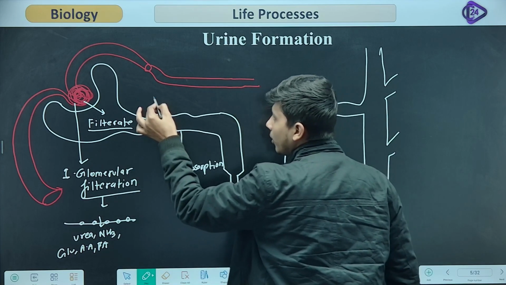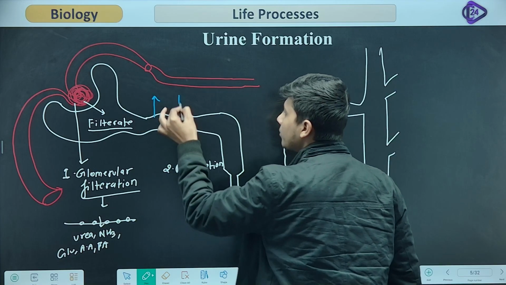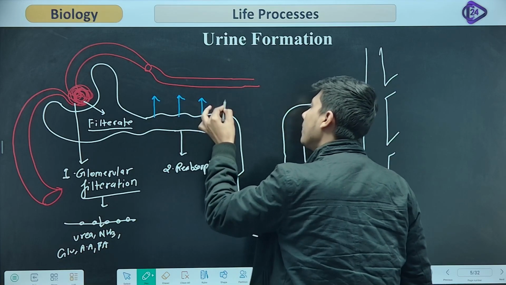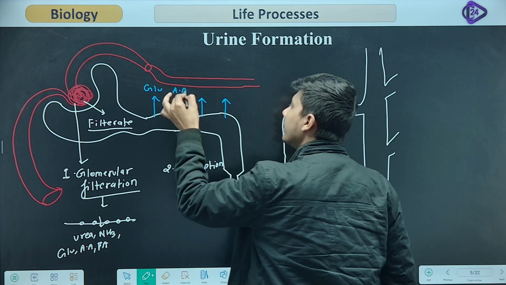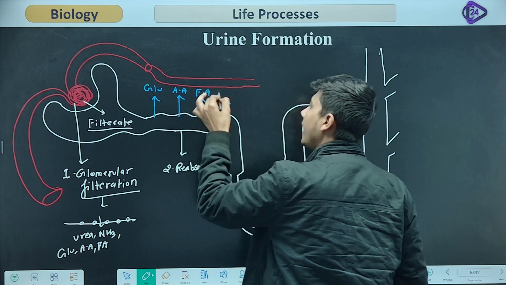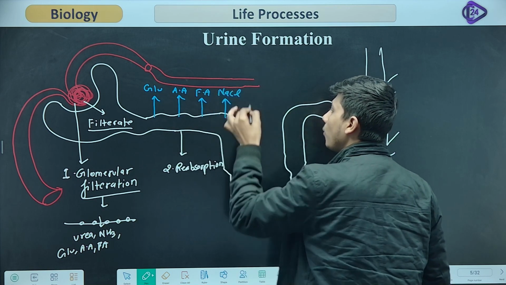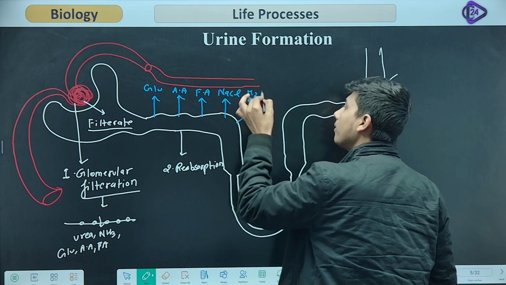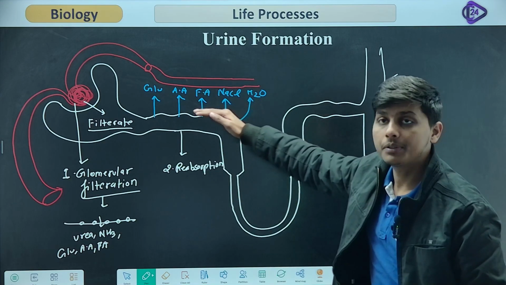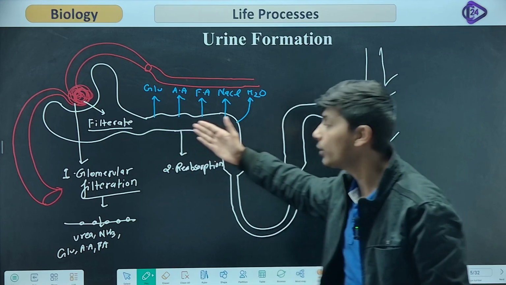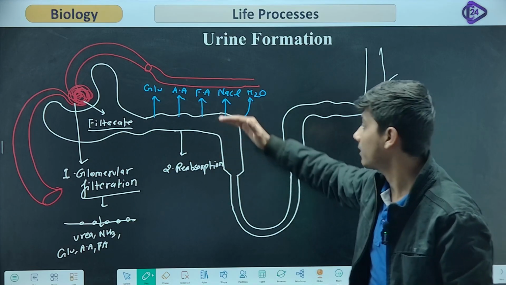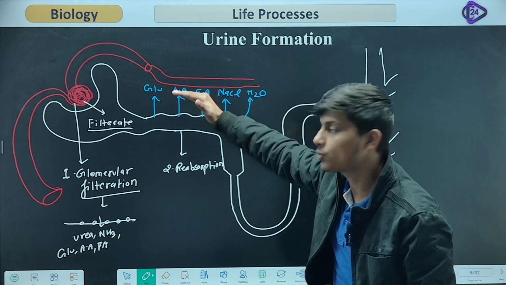These molecules need to be reabsorbed again into the blood. What are they? Glucose, amino acids, fatty acids, NaCl, water. These molecules are very important for our daily activities. If these molecules get filtered out, we will get sick. So we need to reabsorb them.